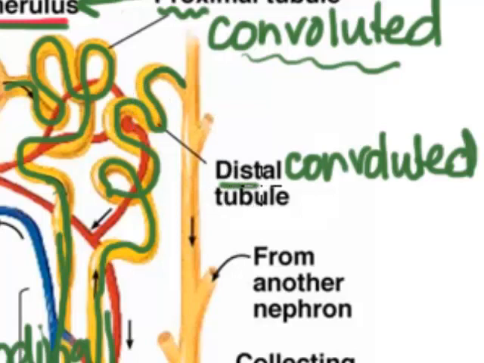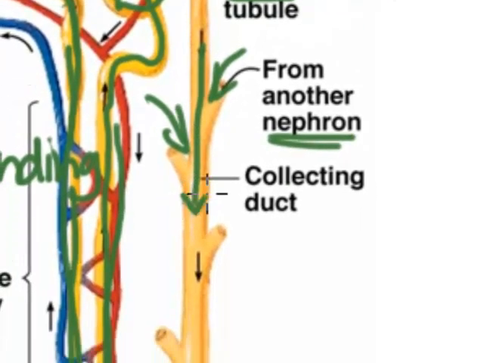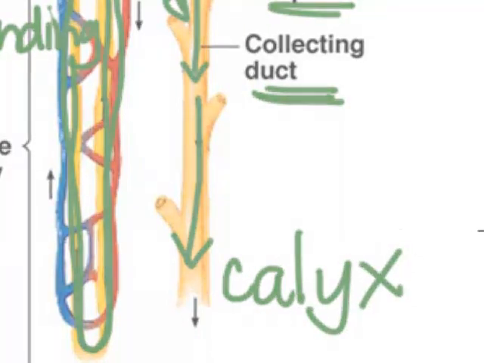Well, distal means distanced or further away from the Bowman's capsule area of the kidney. A whole lot of distal convoluted tubes from different nephrons all collect together into the collecting duct, and the collecting duct takes the urine that has been produced to the calyx.